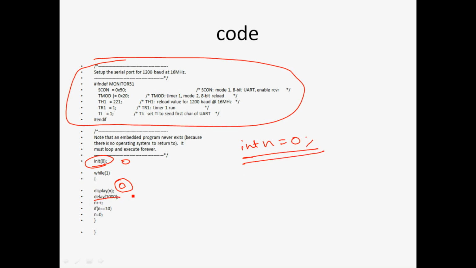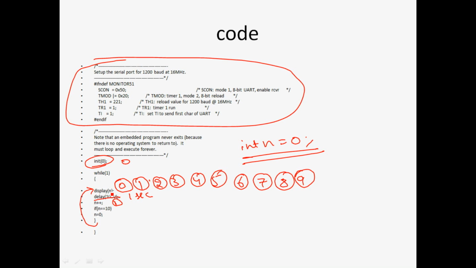After that, with some delay, approximately 1 second, we have the increment n plus plus, and n will become 1 now. It will check if n is equal to 10, otherwise it will continue and display 1. Similarly 2, 3, 4, 5, 6, 7, 8, 9.